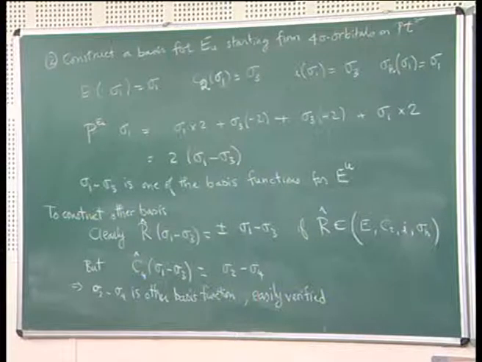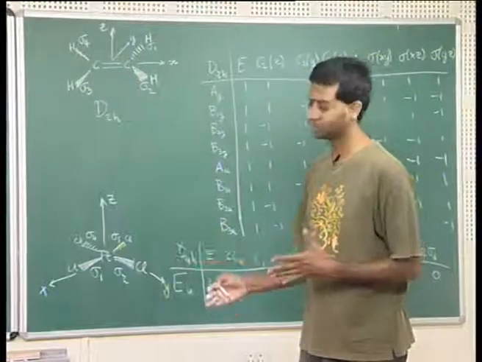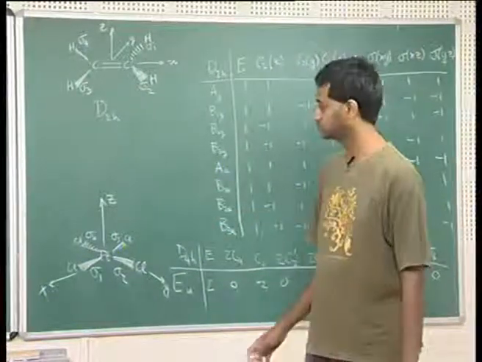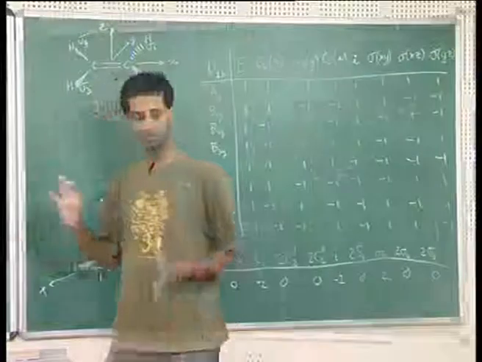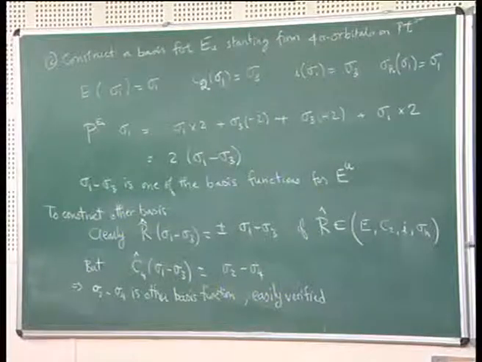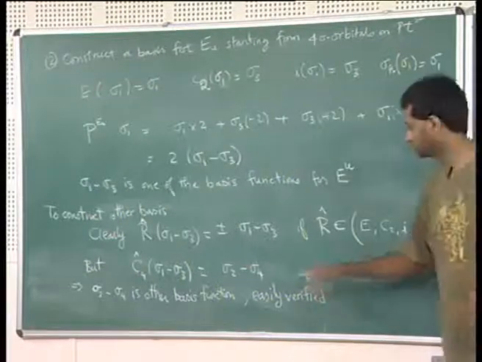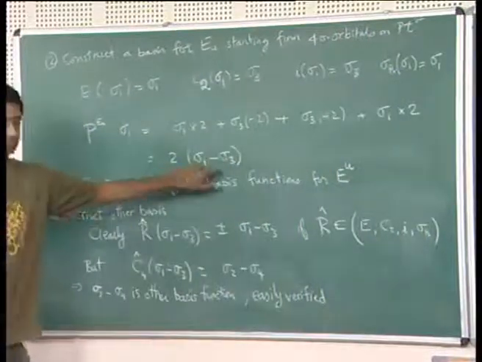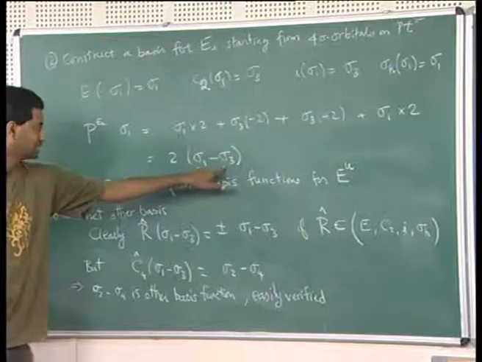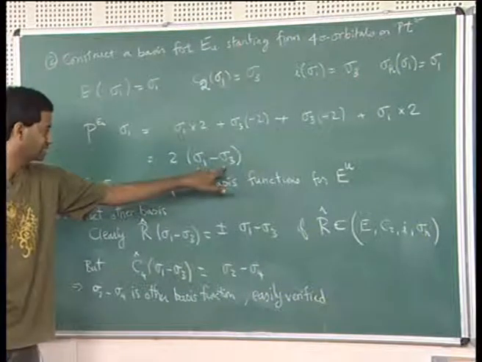So without doing too many calculations, we were able to arrive at these two basis functions. We used some logic here, in the sense that we started with sigma 1 and ended up with sigma 1 minus sigma 3, so we guessed that sigma 1 minus sigma 3 has to be a basis.